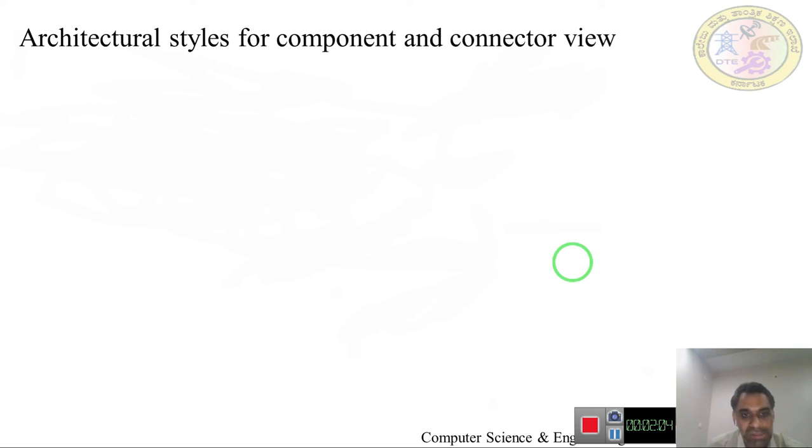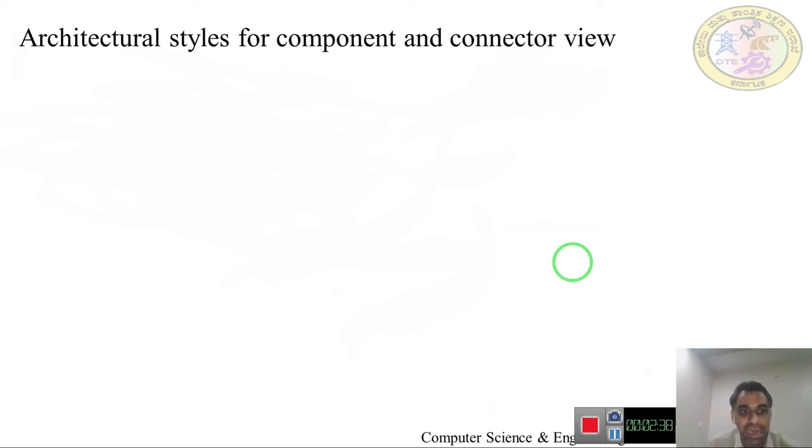Components can be a database or a computational module that performs a function required by the system. It also encompasses a set of connectors that enable communication, coordination, and cooperation among components. It also has constraints that define how components can be integrated to form the system. And fourth, it deals with semantic models that enable the designer to understand the overall properties of a system by analyzing the known properties of its constituent parts.